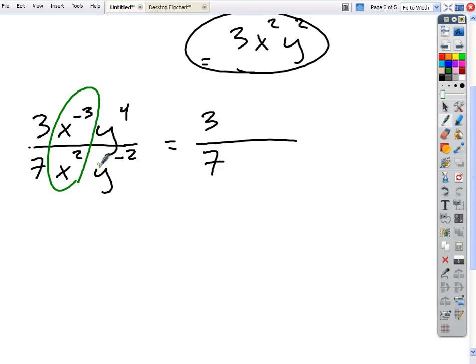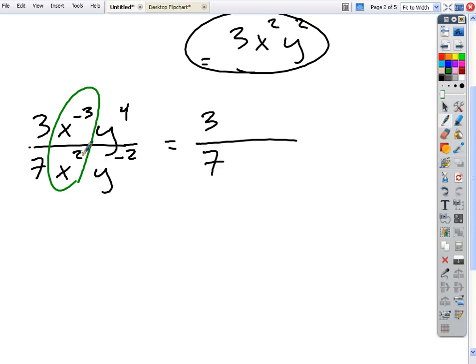Now remember, when I divide like bases, and remember from our conversation, I remember when this was, Friday or Monday, I can't remember what day it was. We're going to deviate from the book a little bit here. The rule that the book doesn't really provide that I think is very helpful is, and you can kind of finish this for me, if I have a bigger base or a more powerful base on the bottom, in this case we're looking at the base x, I've got x squared on the bottom and x to the minus 3 on the top.